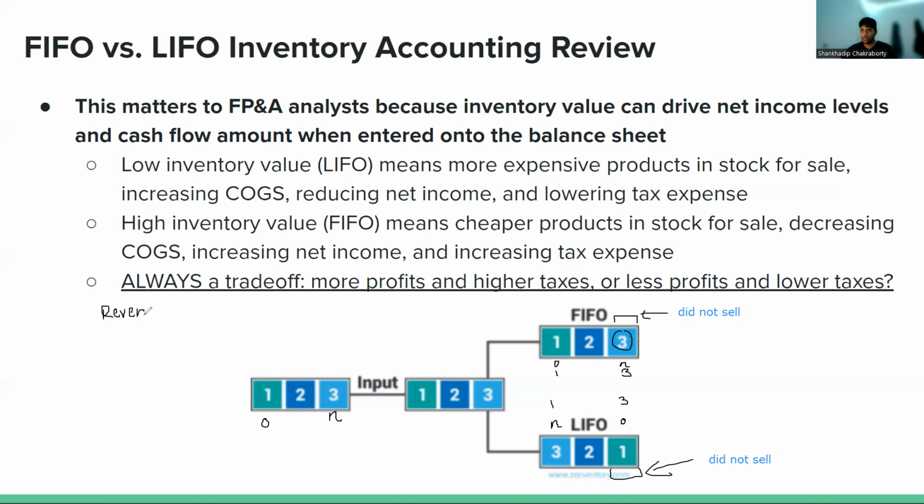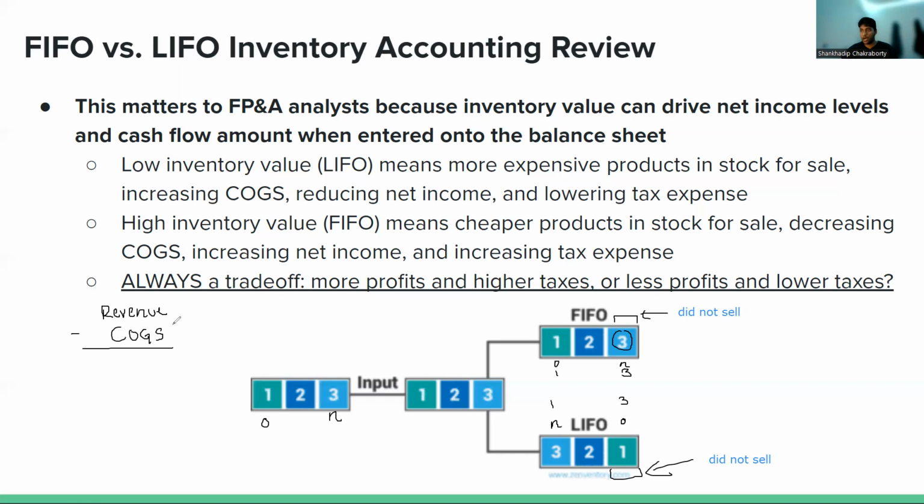what does the income statement look like? It's revenue first, then COGS. And all else being equal, let's say SG&A is equal in both scenarios, tax and interest is equal. Tax obviously applies to your operating profit. But we're just going to take a look at gross profit here.